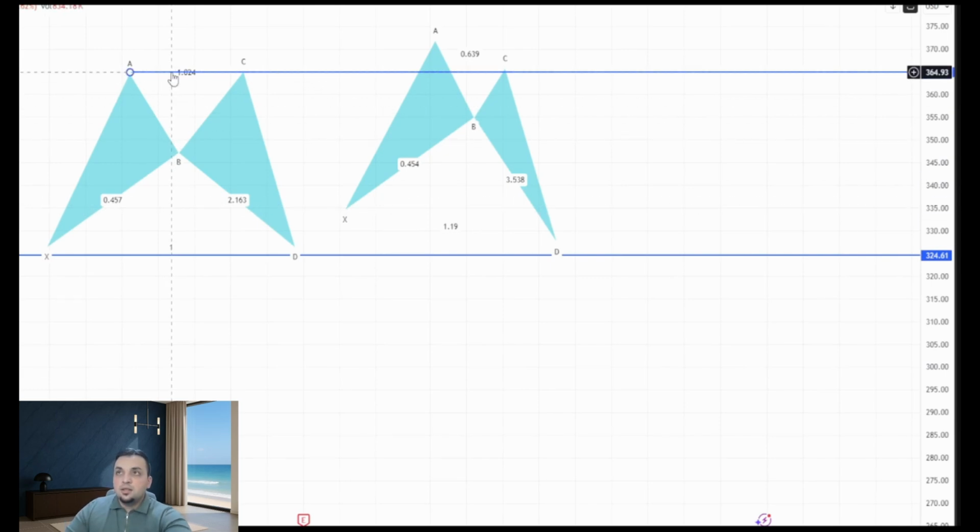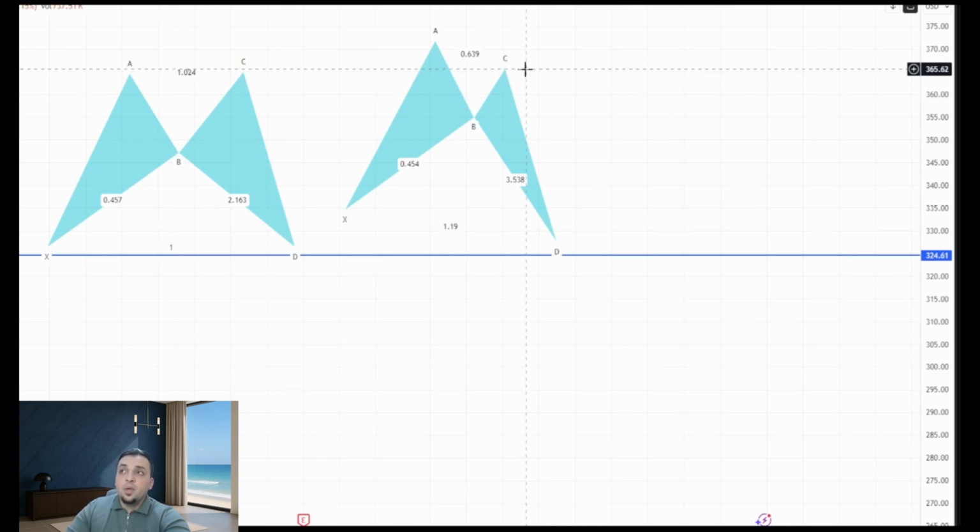In the second case, in the second example, while it formed this bullish harmonic pattern, the market created a lower high and a lower low, because C is lower than A and D is lower than X, which means a lower low and a lower high.